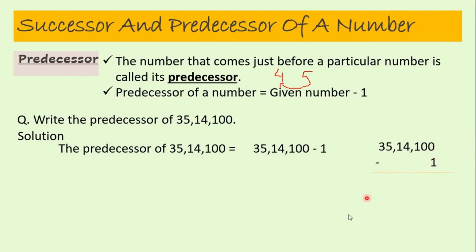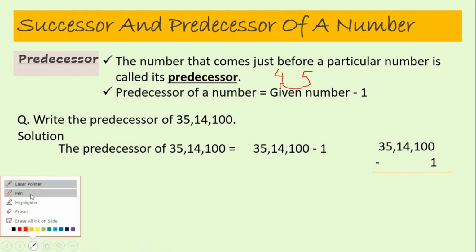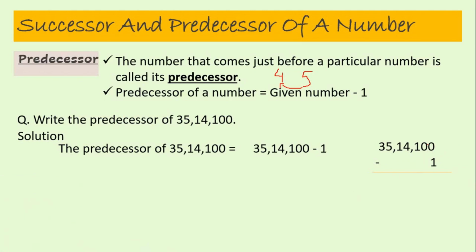Now the ones place is 0, so we can't subtract. So we are going to break up the tens place. Tens place is also 0. So we are going to break the hundreds place. So 100 is equal to 10 tens. And then the tens place we are going to break it. Now 10 becomes 9 tens and 1 ten is equal to 10 ones.